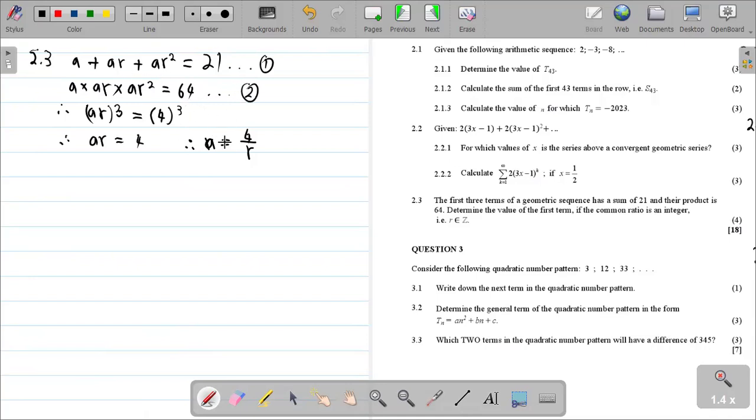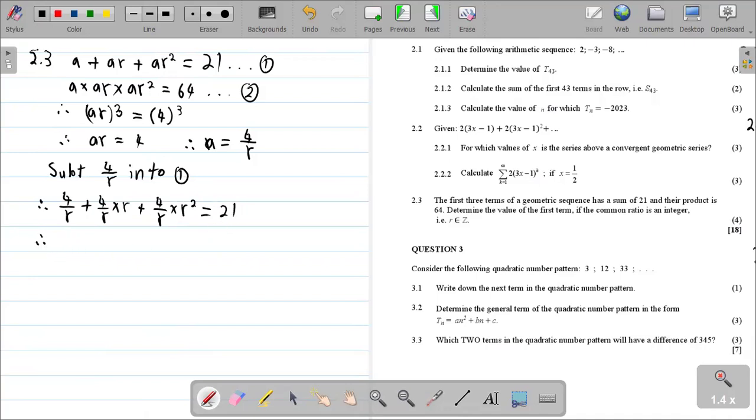So we can substitute 4 over r into equation 1. So we have 4 over r plus, and then we substitute again 4 over r, then multiply by r, then plus, we substitute again 4 over r multiplied by r squared equals 21.